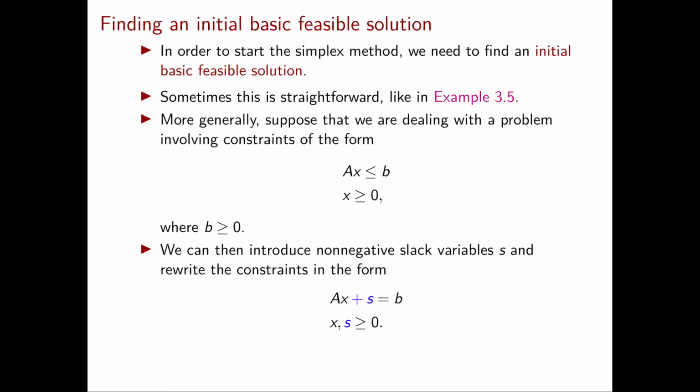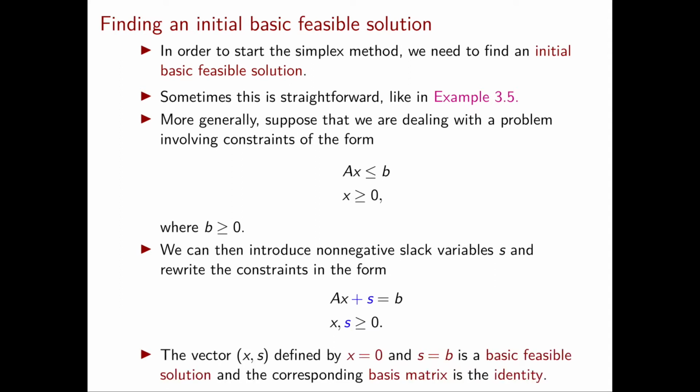In order to obtain a basic feasible solution, we then introduced non-negative slack variables s, and so we rewrote the constraints in the form Ax + s = b, where x and s are ≥ 0. And for this new problem, it's trivial to obtain a basic feasible solution. In fact, we only need to set x equal to 0 and s equal to b. This is a basic feasible solution, and the corresponding basis matrix is the identity.